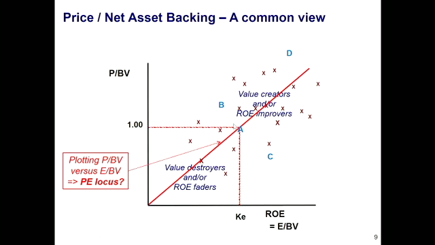So any companies to the right here, they are generating value for shareholders because ROE is exceeding the cost of equity. Now we have two dimensions to decide if a company is cheap or if the company is generating value for shareholders.